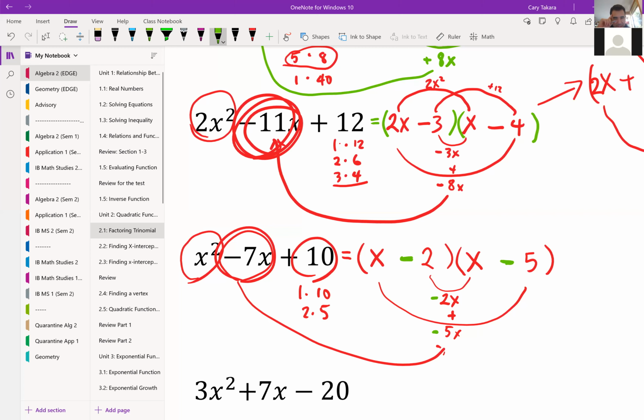And just to double check, you don't have to write this, but does x times x give you x squared? Negative 2 times negative 5, do you get positive 10? Yeah. And then the middle term and the outside term, you get negative 7x. So it fits.